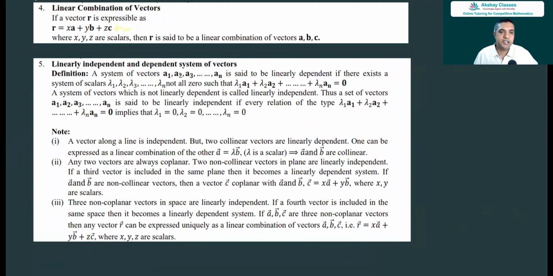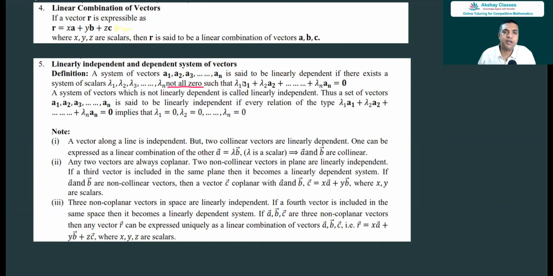So a system of vectors A1 to AN is said to be linearly dependent if there exists a system of scalars lambda 1, lambda 2, lambda 3 up to lambda n, not all zero, such that the linear combination of these vectors is zero.